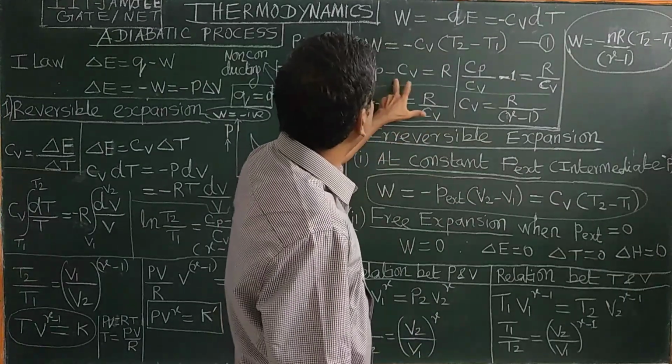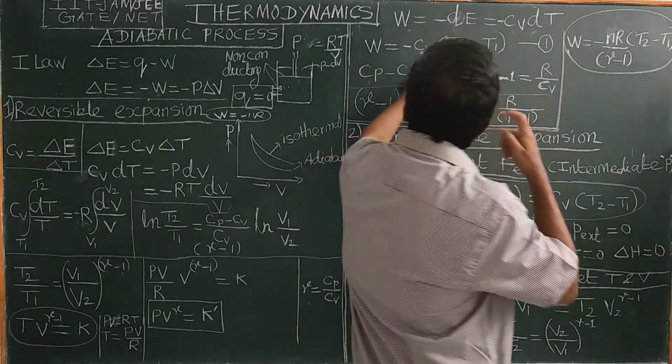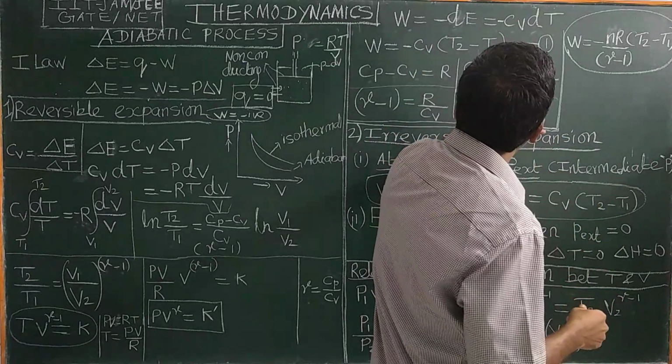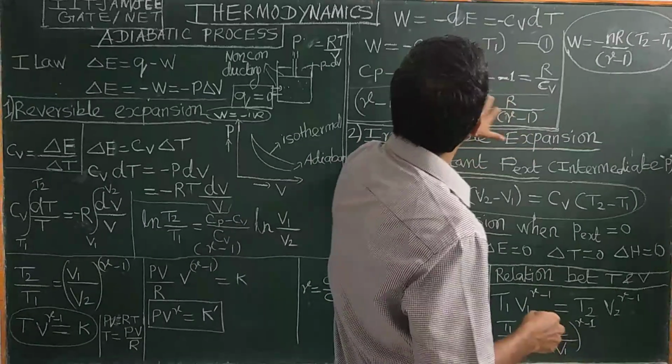Cp minus Cv equals R, as you know. In terms of Cv, you can write Cv equals R by gamma minus 1. Dividing Cp minus Cv equals R by Cv, Cp by Cv minus 1 equals R by Cv, therefore gamma minus 1 equals R by Cv. So Cv equals R by gamma minus 1.